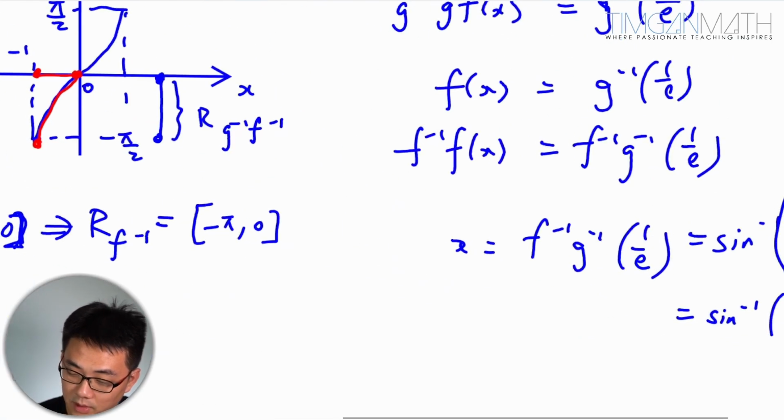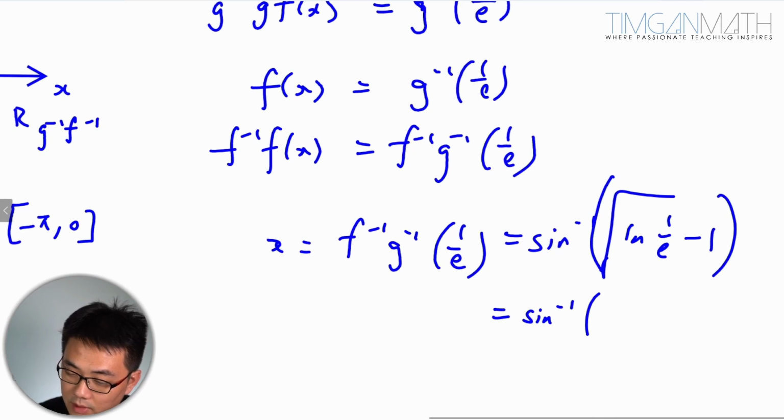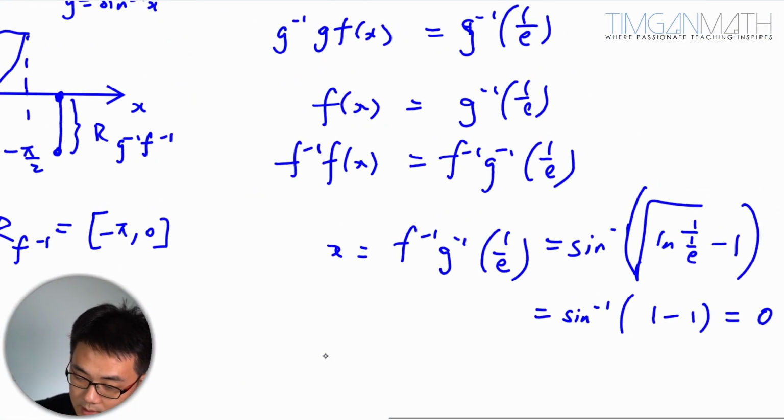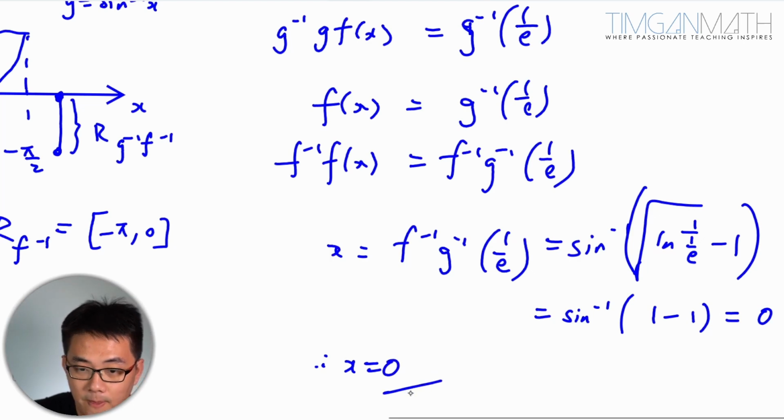Okay, 1 over 1 over e. So this will just be ln e, which is 1, minus 1, which is actually just 0. So hence x equals 0.